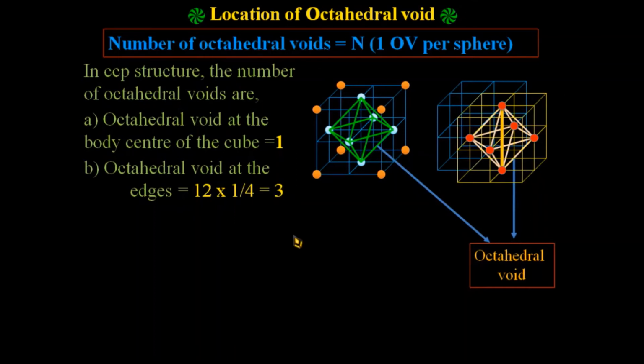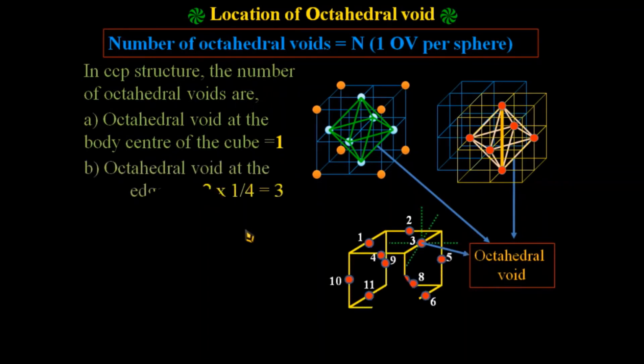Thus, in CCP structure, one octahedral void is present at the body center of the cube, and 3 are present at the centers of the edges.